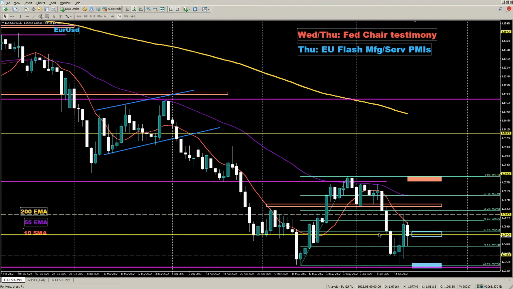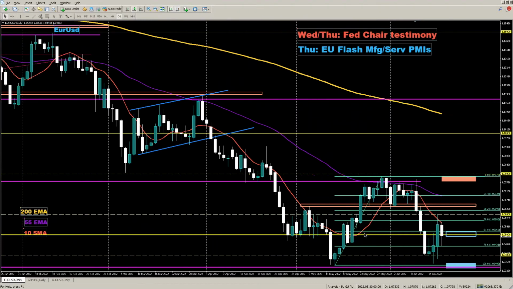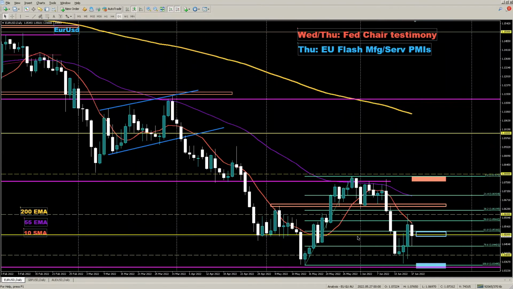It fell from the key 105 round figure down to hit the 104, the next round figure, before consolidating and then eventually managed to climb back up to hit the 106 round figure.